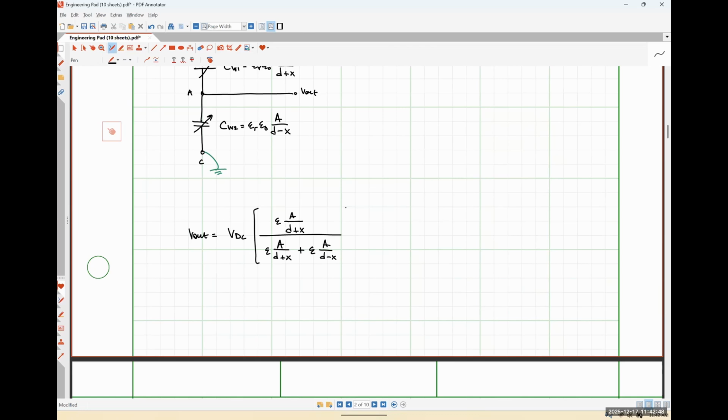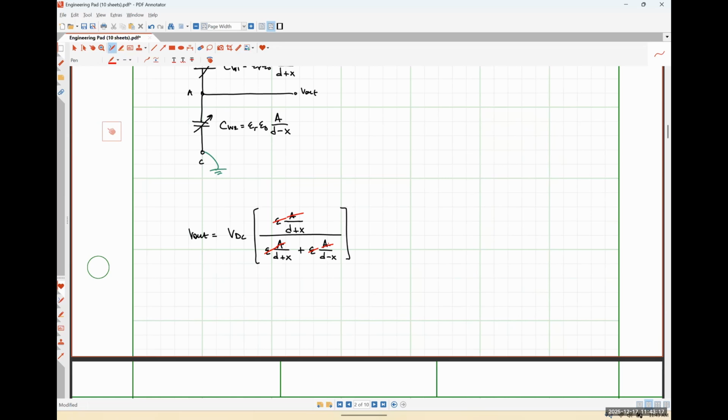And I'm going to manipulate this guy very similarly to how I manipulated the last one, right? So let's look at this really quickly, okay? So I have epsilon times A in the numerator of the numerator, and then I have epsilon times A of the numerator of the denominator. So all of these epsilons and A's are literally going to cancel each other out.